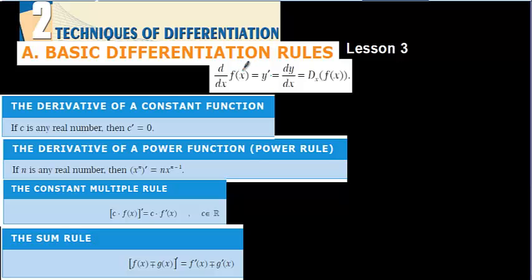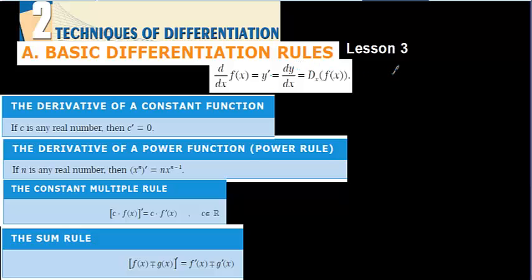d over dx, f of x, derivative of the f(x) function with respect to x, it's going to be for us derivative of y, which is f(x) at the same time, with respect to x, or differentiate f(x) with respect to x. These have the same meaning.